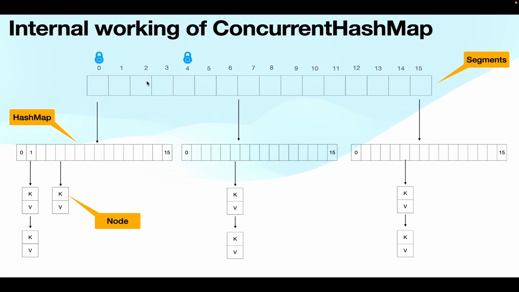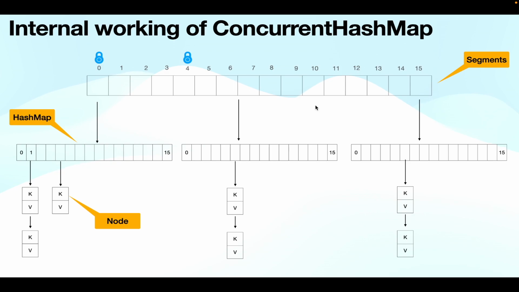Similarly, if thread 2 wants to put or update data at index 4, then only the specific segment will be locked. Other segments like 1, 2 and 3 and others will remain available for concurrent threads.